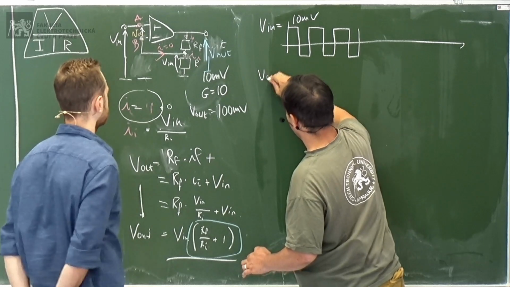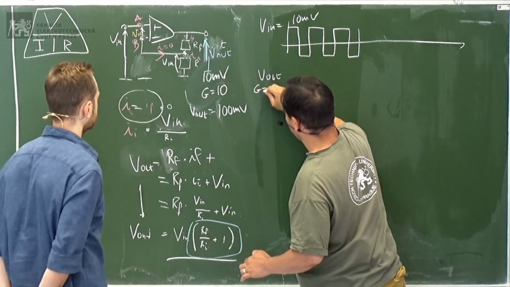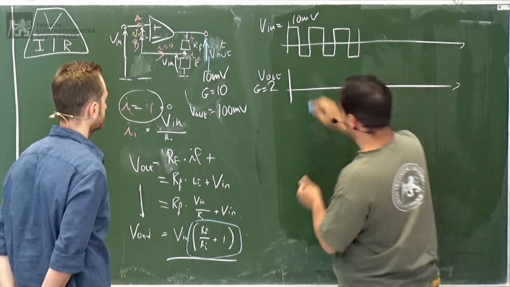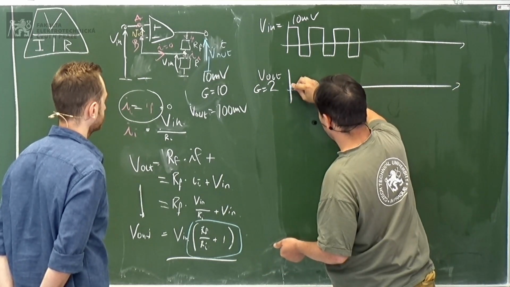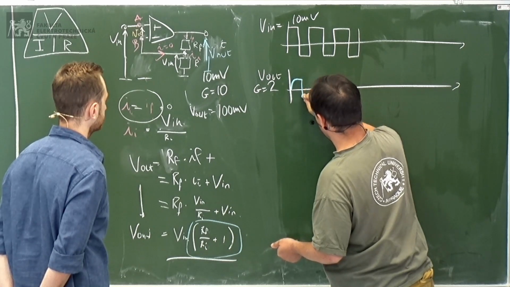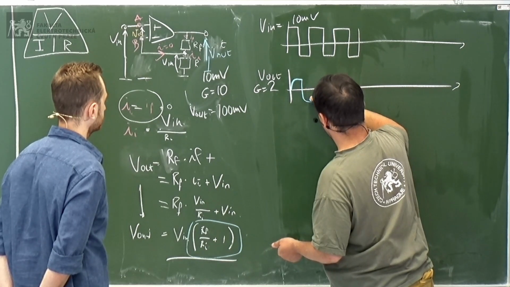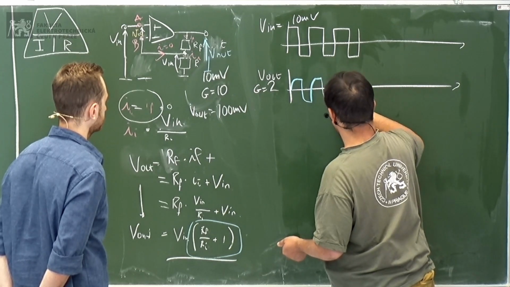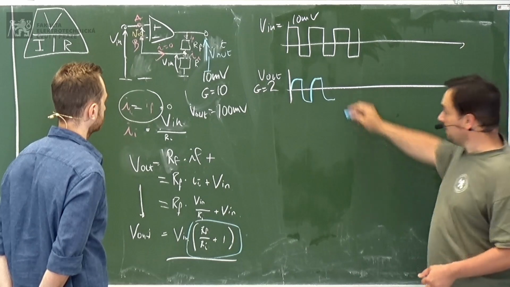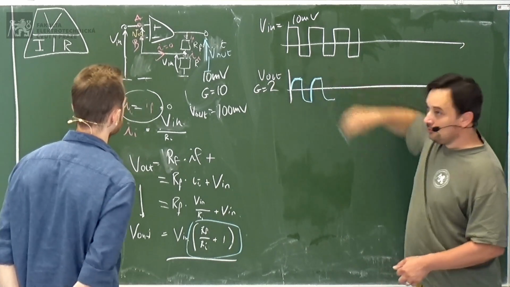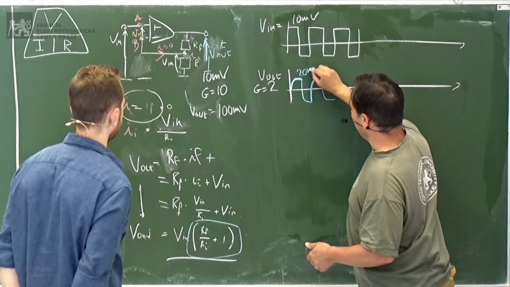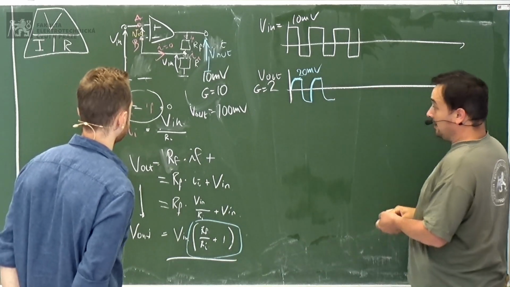If you have the output voltage with gain 2, it will be like this, like this, like this, and so on. Still, you can see that it has time to arrive to 20 millivolts, because the gain is low.